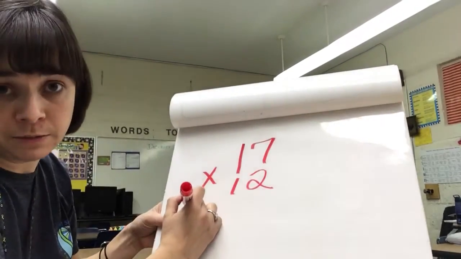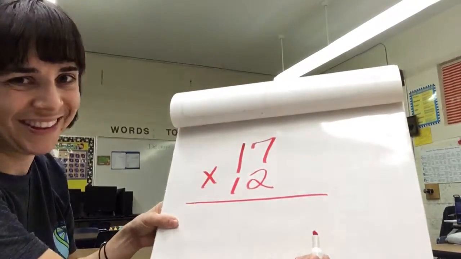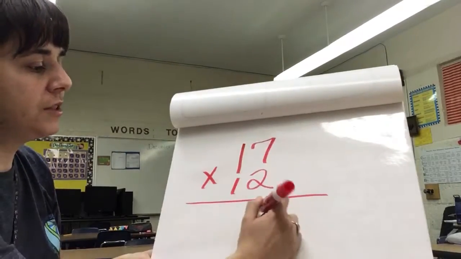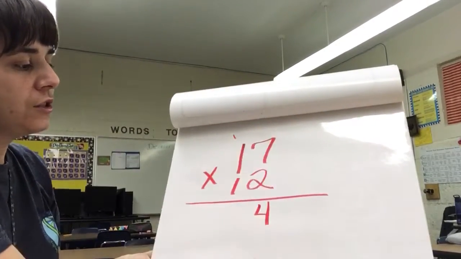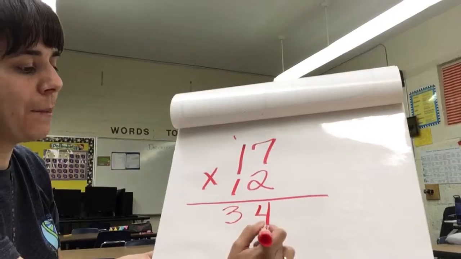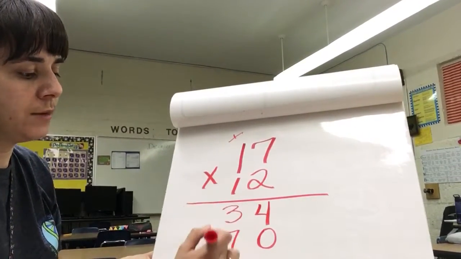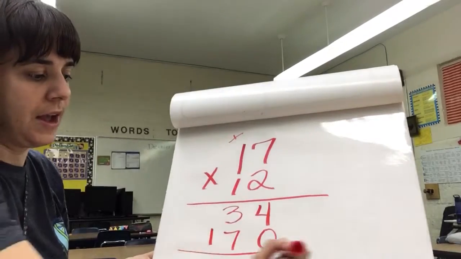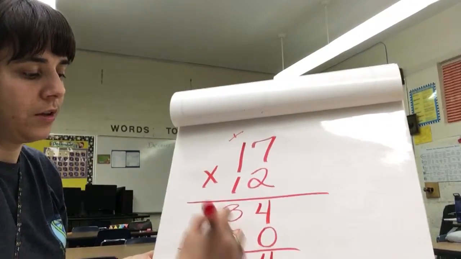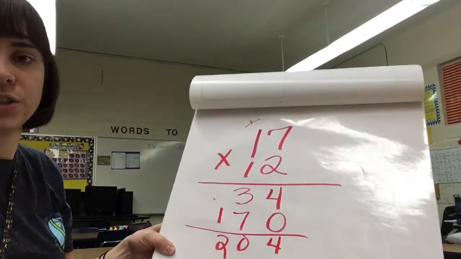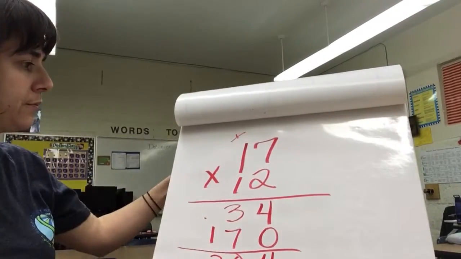You better be doing this with me and checking my work so that I can help you check your work. 2 times 7 is 14. 2 times 1 is 2, plus 1 is 3, placeholder. 1 times 7 is 7, 1 times 1 is 1. I add those numbers together, and you should get 204.